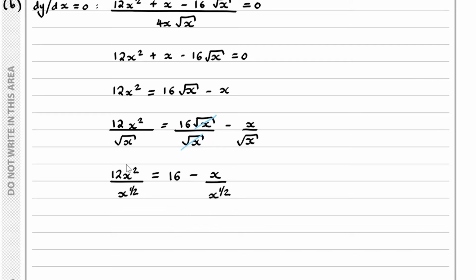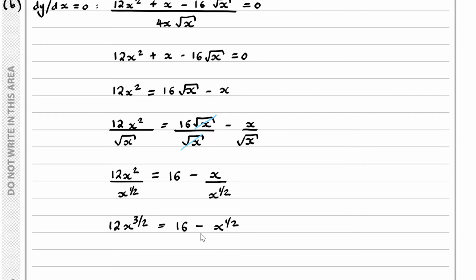And now, subtracting the powers, we have 12x to the power of 2 minus 1/2, which is 3/2. And this is equal to 16 minus x to the power of 1 take away 1/2, which is 1/2.